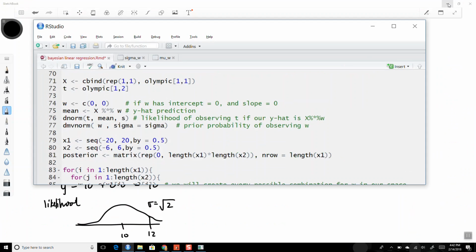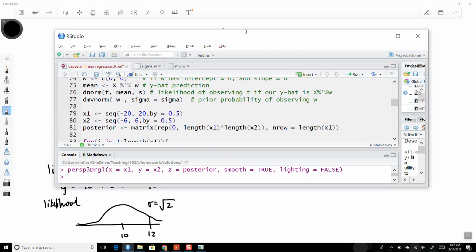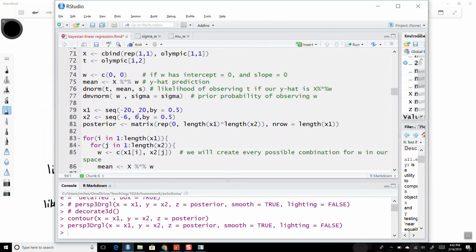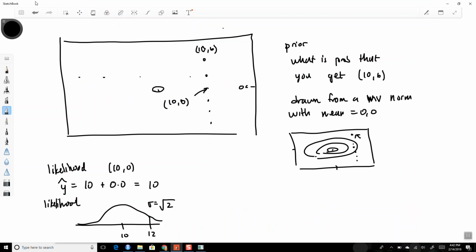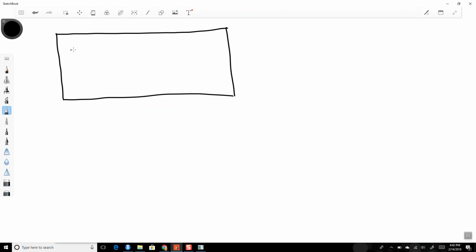Okay, all right, let's try, what would happen if I observe 3 data points? It's the same kind of idea. We're going to do a grid approximation so we can consider basically all possible values of W. Let's say we're at some location where W is equal to 10 comma -1 or something like that.